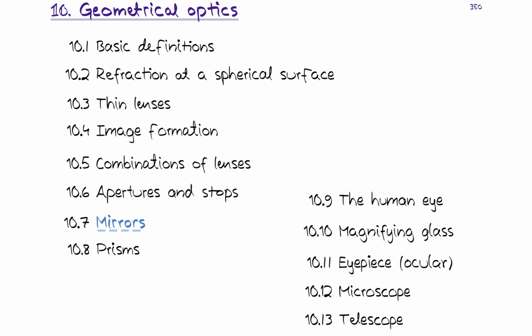And this reflection process doesn't really depend on the incident wavelength as such, so that it gives us a possibility of making more dispersion-free optical components. So this is one among the main advantages that we have when we are using mirrors compared to using lenses.